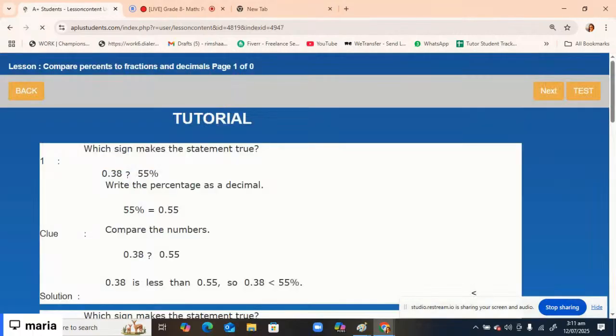Okay, compare percents and percents to fractions and decimals. Which sign makes the statement true? Here we solve both the sides and then we can get the answer. We write the answer.